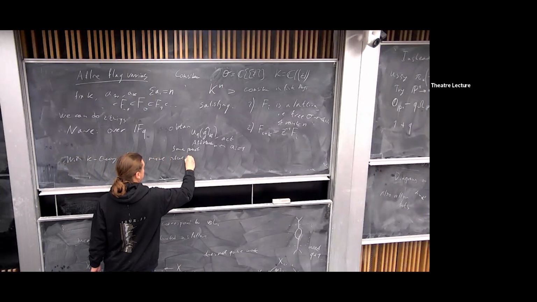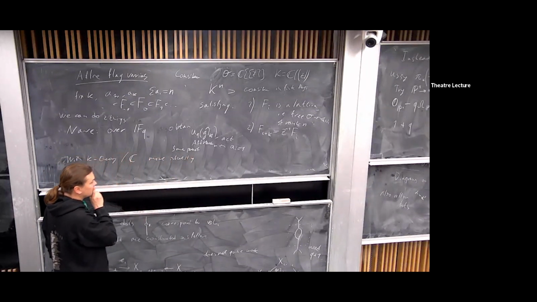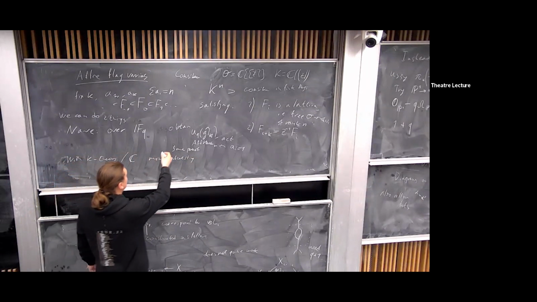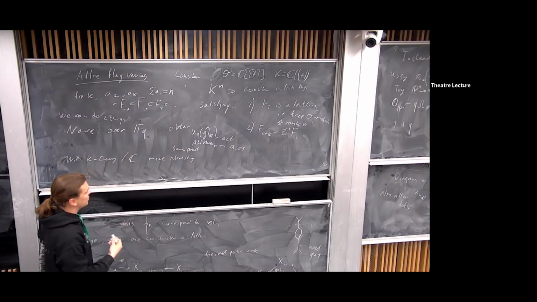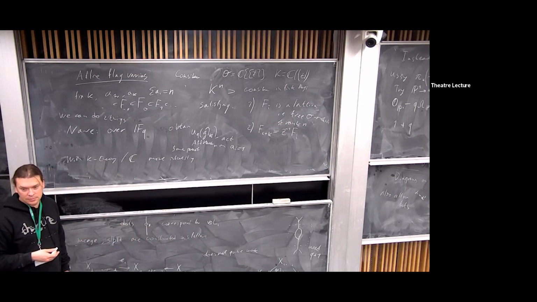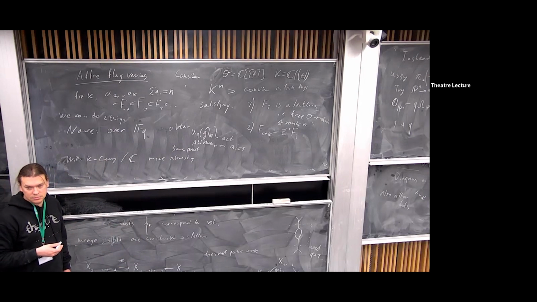What is this action on? What is the object it's acting on? So for instance, we get the action on the functions on a few points of the flag variety. But it's not finite, right?